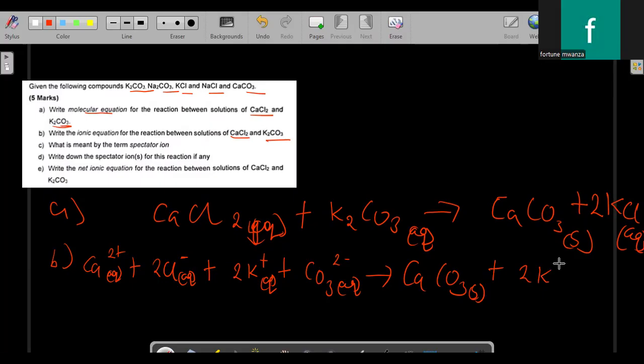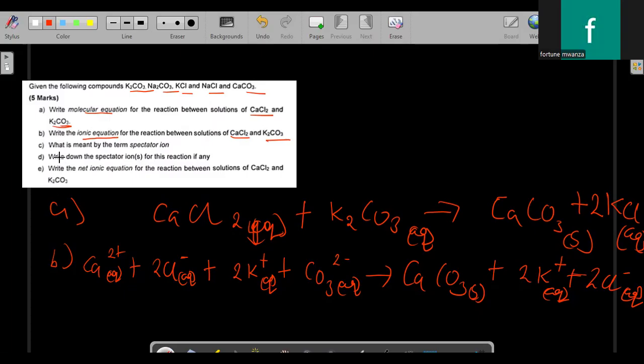So I have 2 potassium plus 2 chloride ions, both in aqueous state. So this is my ionic equation for this reaction.